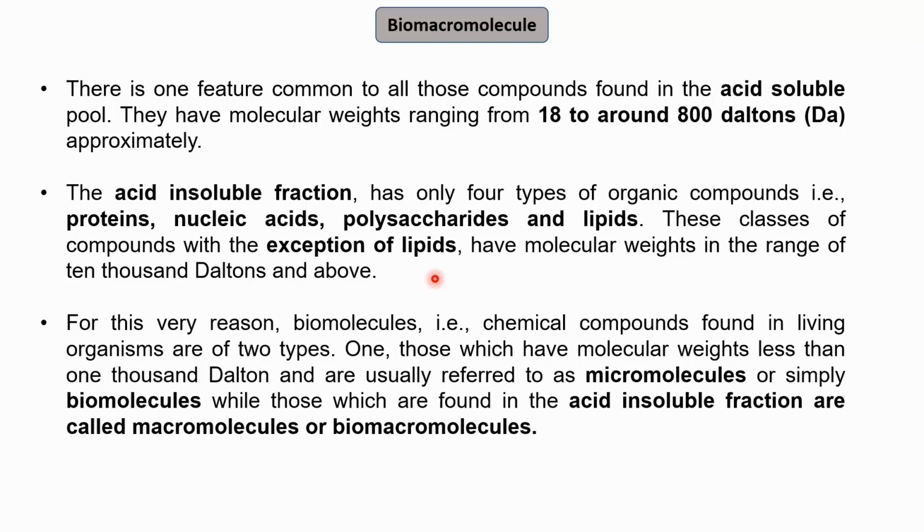For this very reason, biomolecules, that is, the chemical compounds found in living organisms, are of two types. One is the micromolecule, one is the macromolecule. Those which have weight less than 1000 daltons are referred to as micromolecules or simply biomolecules, while those found in the acid insoluble pool or acid insoluble fraction are called macromolecules or biomacromolecules.